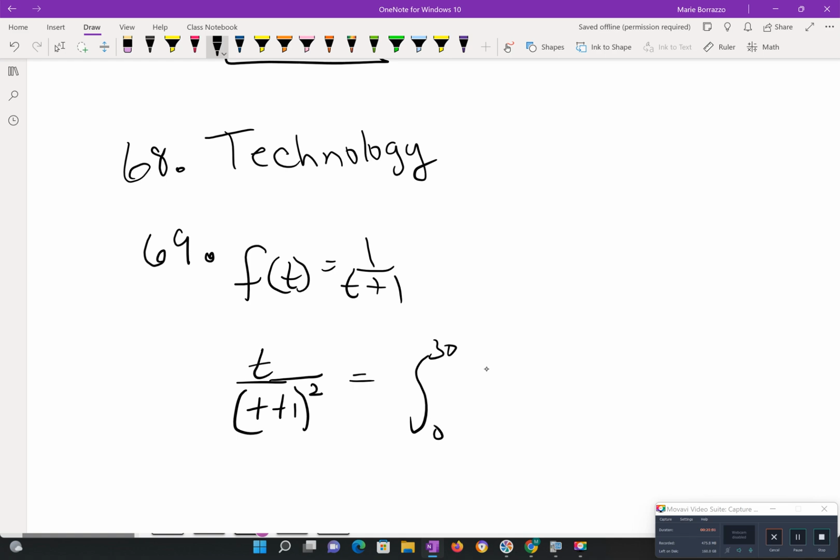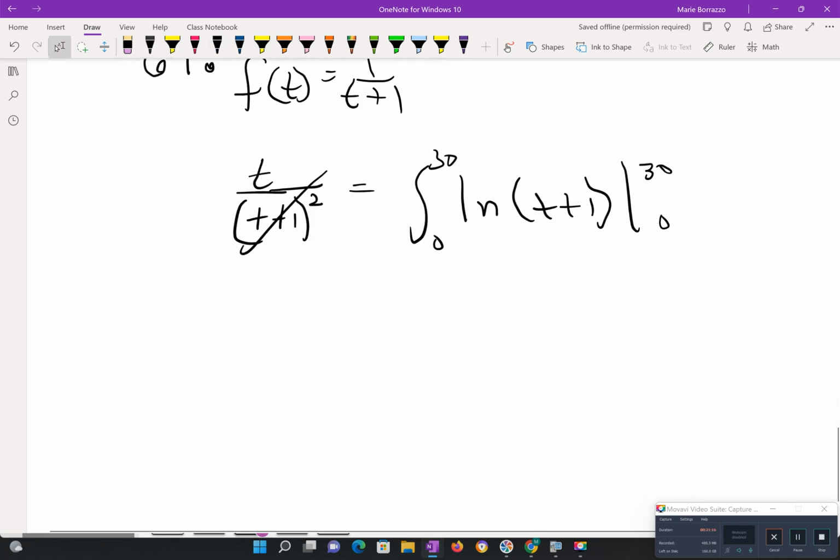So I can also look at it as the natural log of t plus 1 instead of doing this part. That might not even be essential. And we're looking at it between, again, the values of 30 and 0. So we're looking at 1,000 times natural log of 31 minus 0.